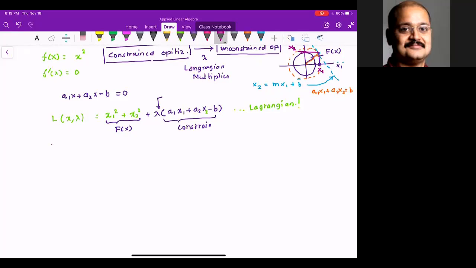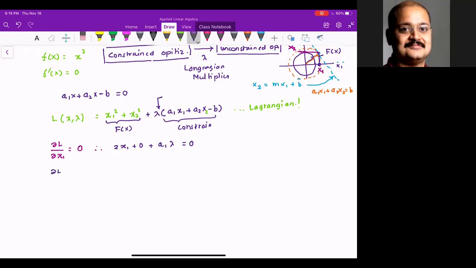Partial L with respect to partial x1 is equal to 0, which means you will have 2x1 plus 0 plus, can you see, this guy becomes a1 lambda, is equal to 0.